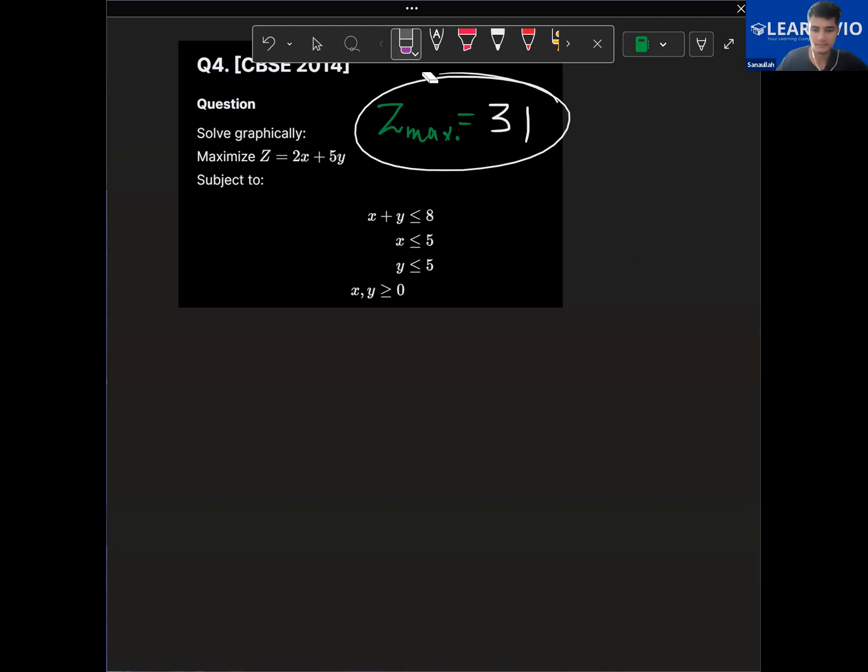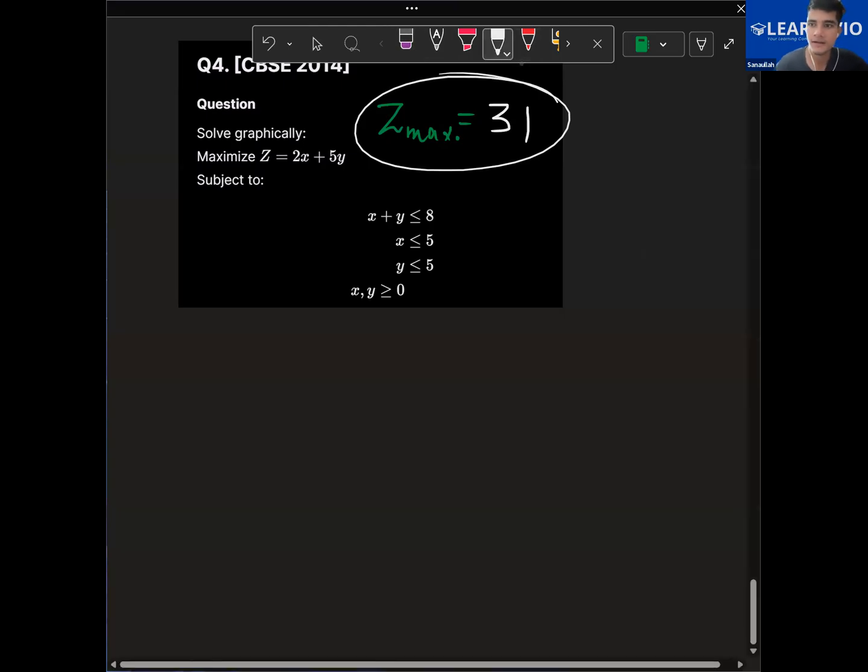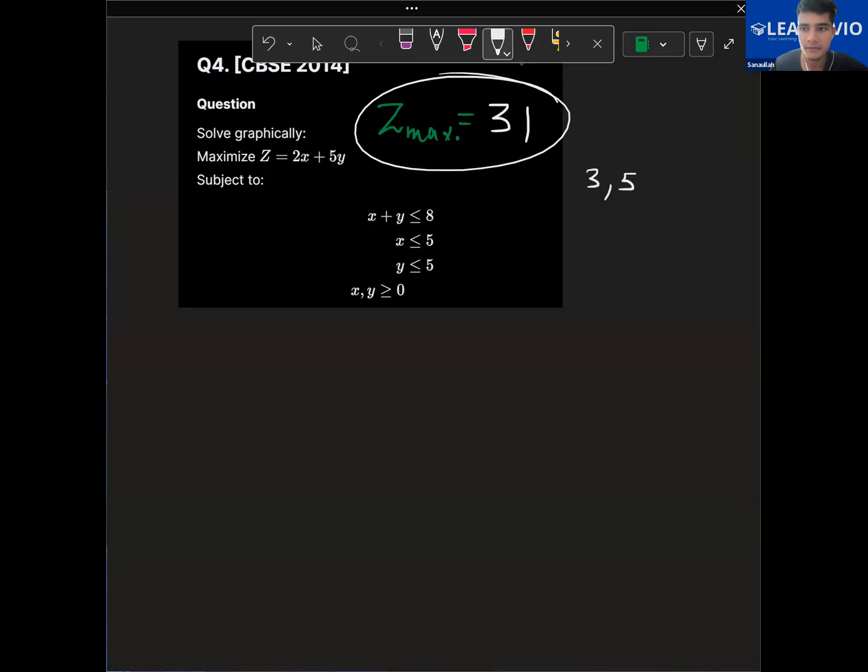You are not audible. 3,5, na? Yeah, it is right. 3,5, that is right. So all the constraints are verified. Okay, so this is the correct answer.